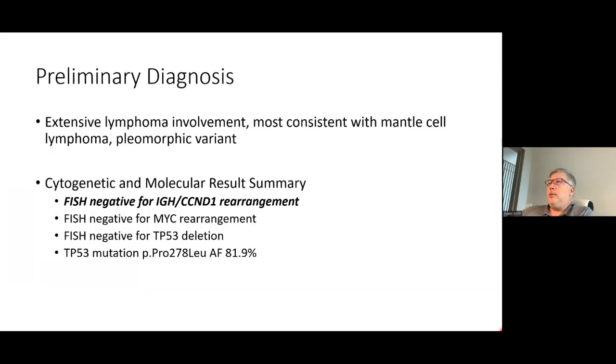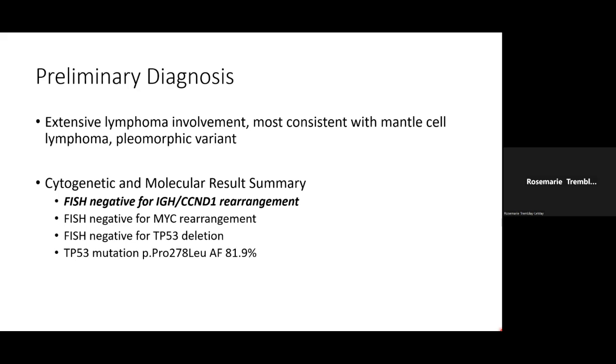I think we basically covered this, right, Rosemary? Yeah, the only other thing is we did the mutation testing for TP53 and it was positive. Other than that, I think that's where we were at that point.